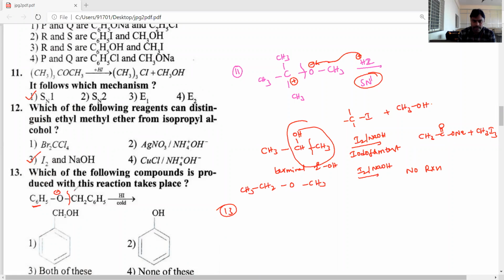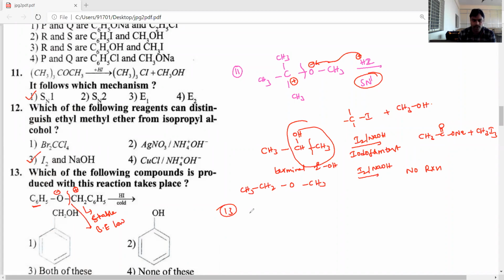Here negative and here positive. The benzyl carbocation is a stable carbocation. And this bond length is very short, so this bond energy is high compared to the oxygen attached to the phenyl ring.